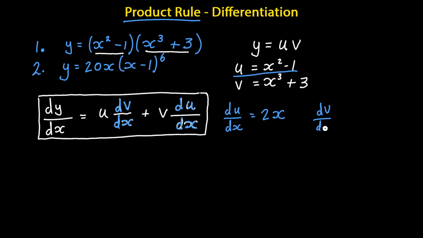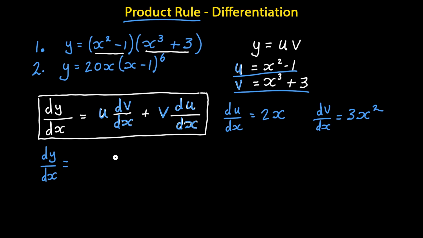So using the power rule, where we multiply the power by any coefficients in front of the x term and subtract the power by 1, du over dx is equal to 2x, and dv over dx is equal to 3x squared. So if we have a look back at our product rule, we can see now that we've got all the terms that we need to find the derivative of the original equation above, equation 1. And we can plug these values into this equation.